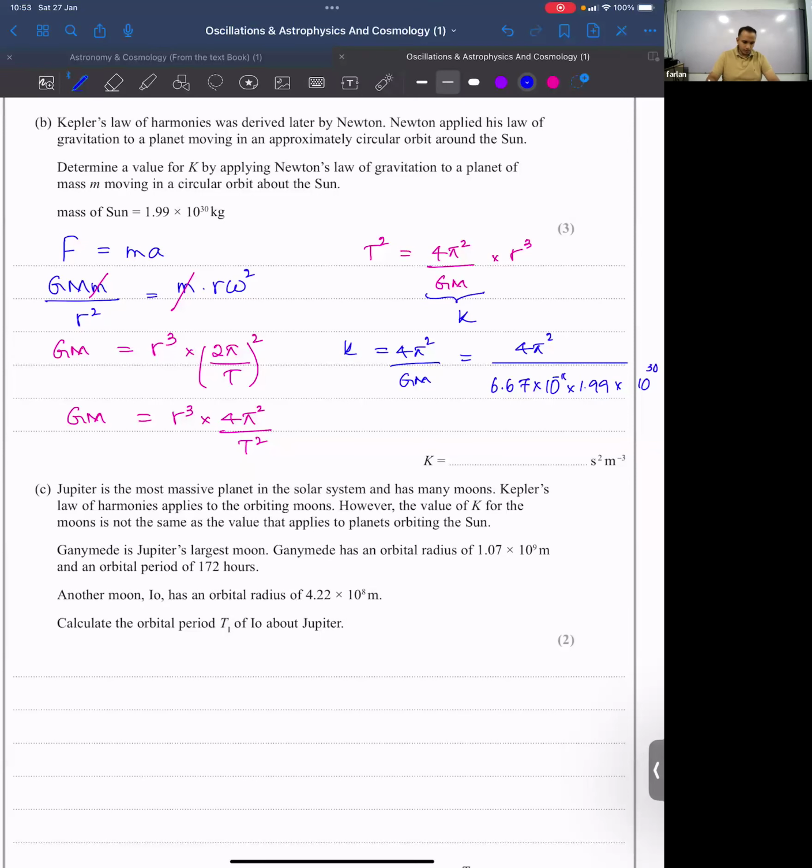That's 2.97 into 10 to the power minus 19. This is the K according to Newton.